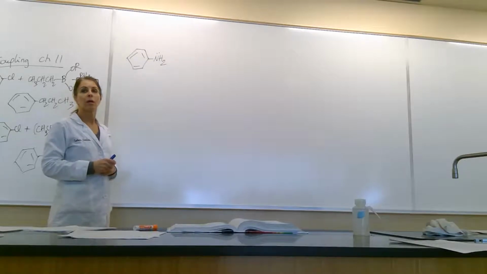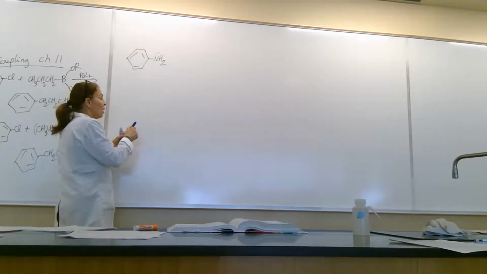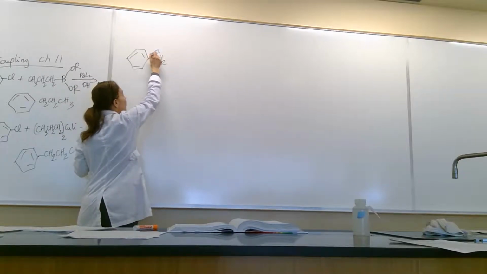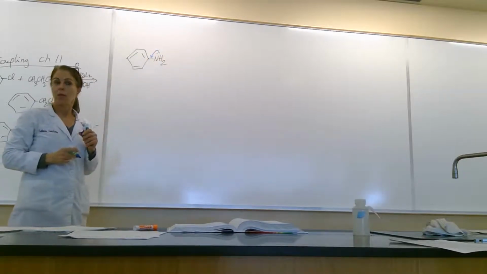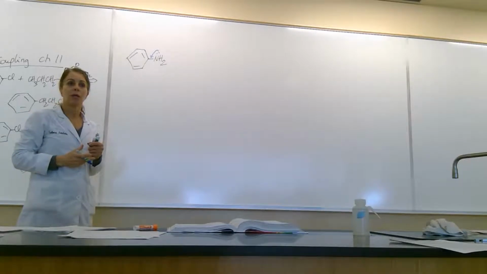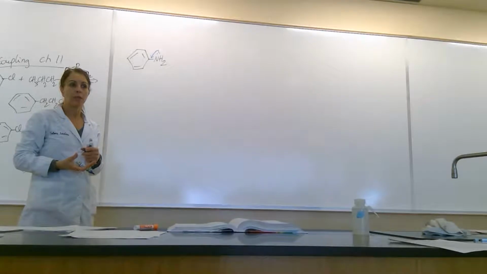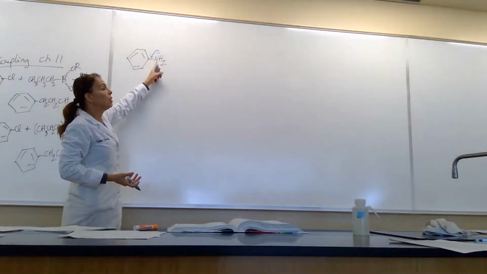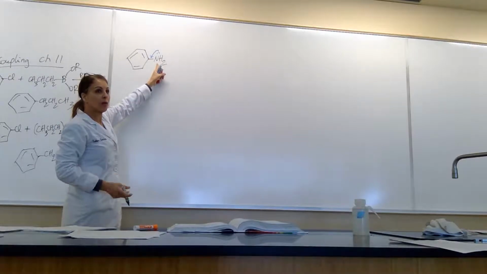Those will go. So this can give the pair here. How many pairs will be around the nitrogen at that point? If I move this pair here, how many pairs of electrons are around the nitrogen?